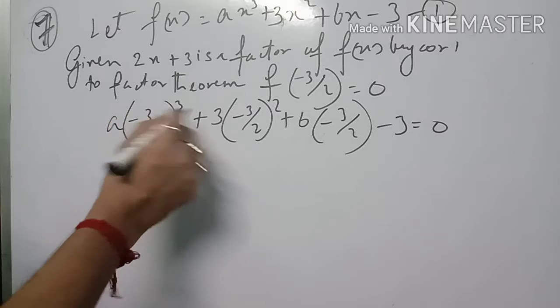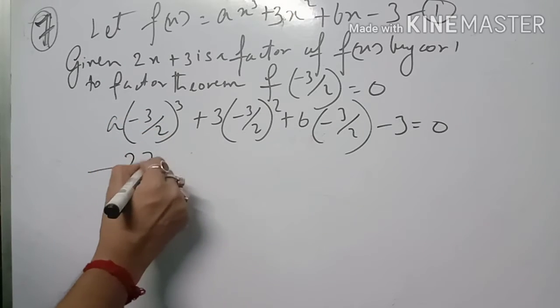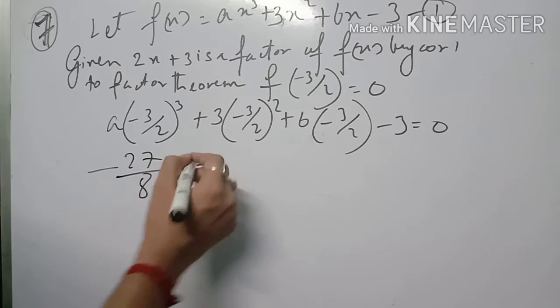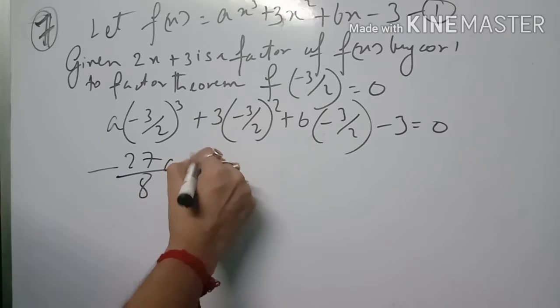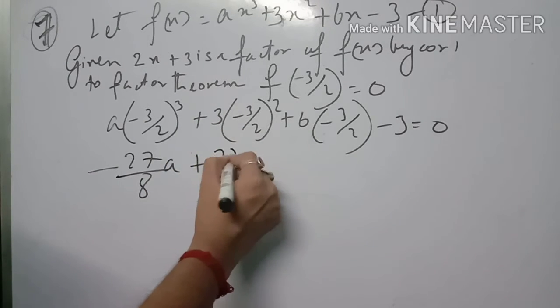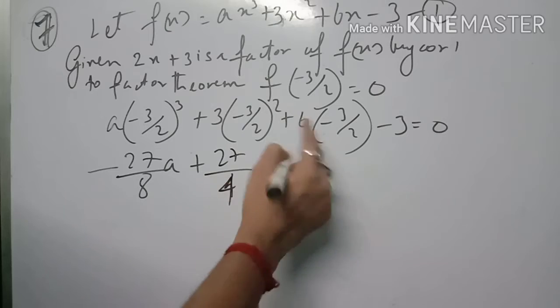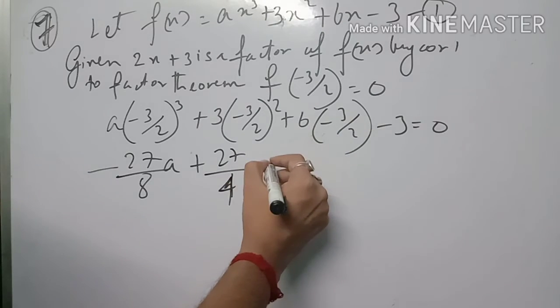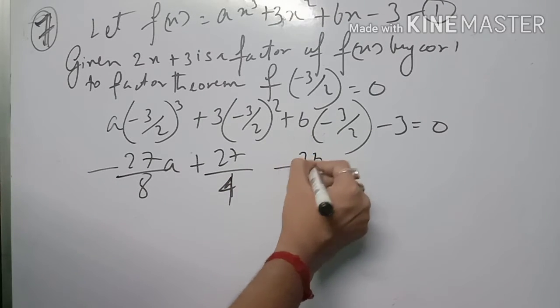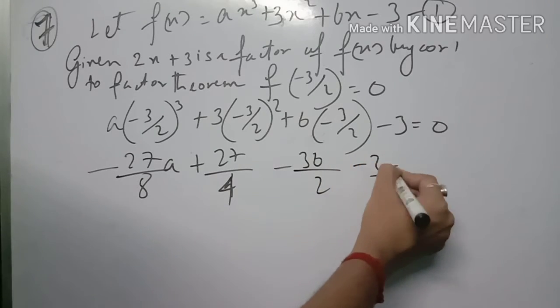So let us calculate: it will become minus 27 by 8a plus 27 by 4, minus 3b by 2 minus 3 equals 0.